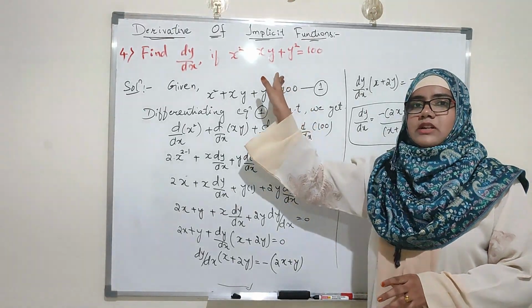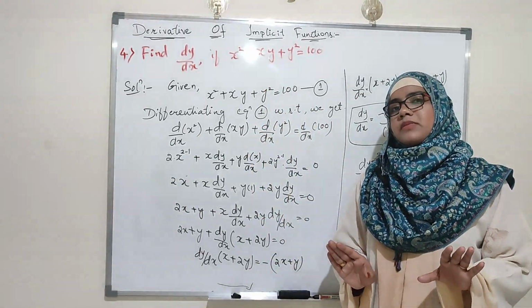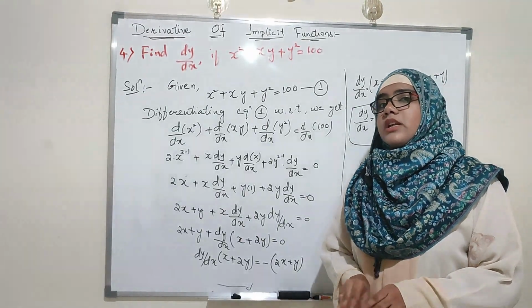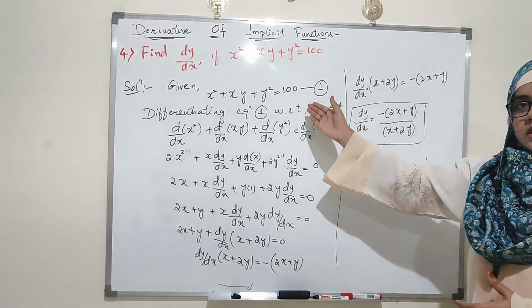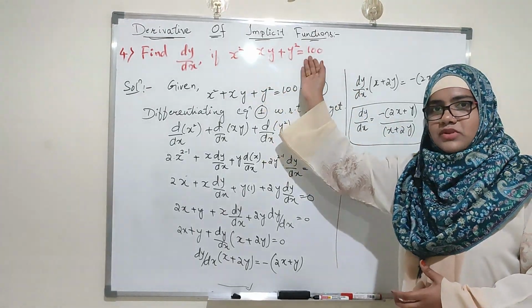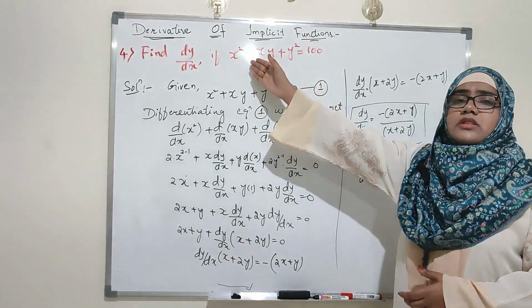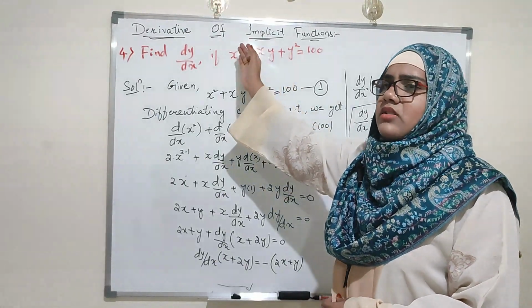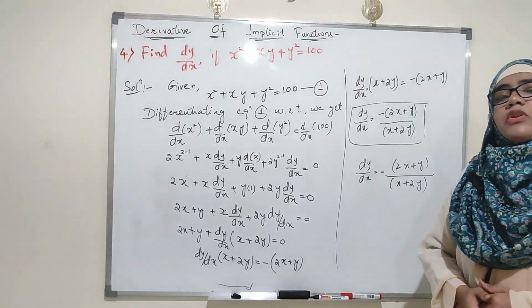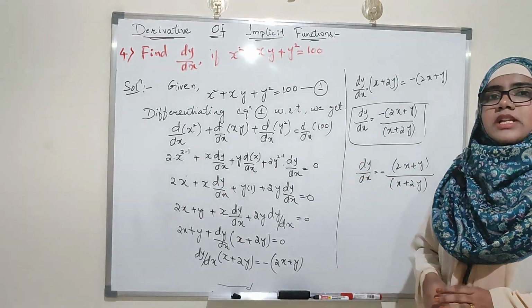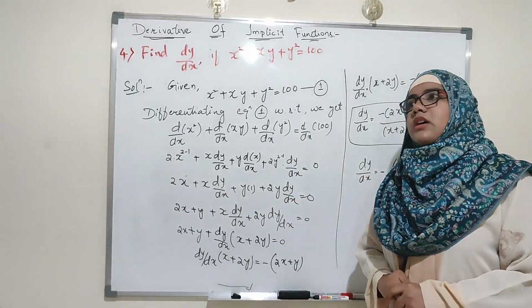Today I have taken 4 examples. You can solve these 4 examples 10 times on a regular basis. Then you will be able to solve many examples based on this. Just you will have different values, different algebraic functions, different trigonometric ratios, or you can have logarithmic terms also. So if you practice, then you will be able to solve examples based on this.